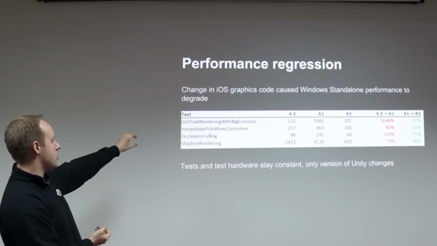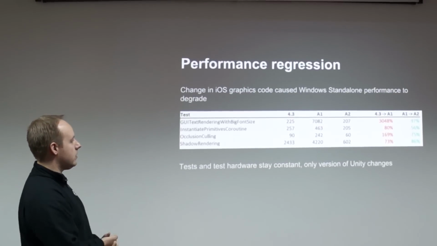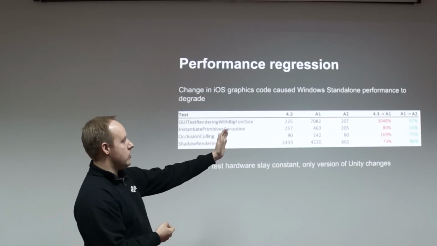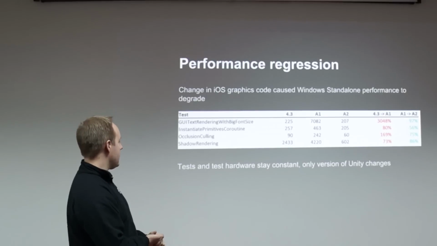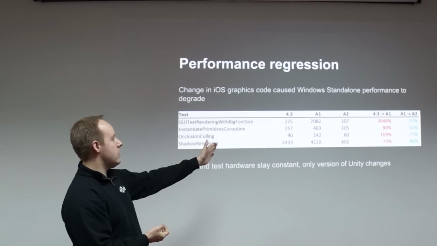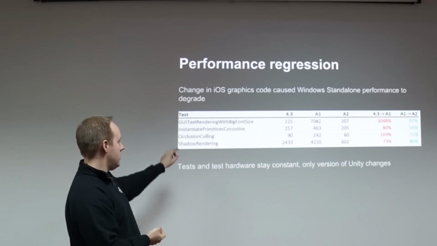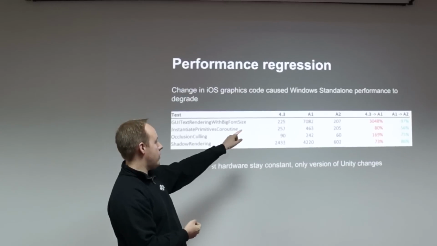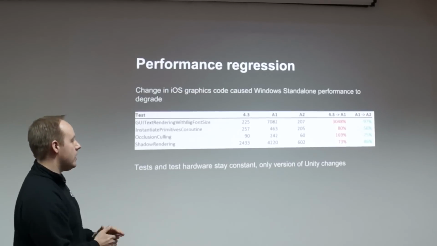So what the table shows is we have 4 different graphics related tests, and then we have 3 versions of Unity where we have values from these performance tests. And the values here are millisecond measurements from these tests. And you see that from 4.3 to A1, these values go up.